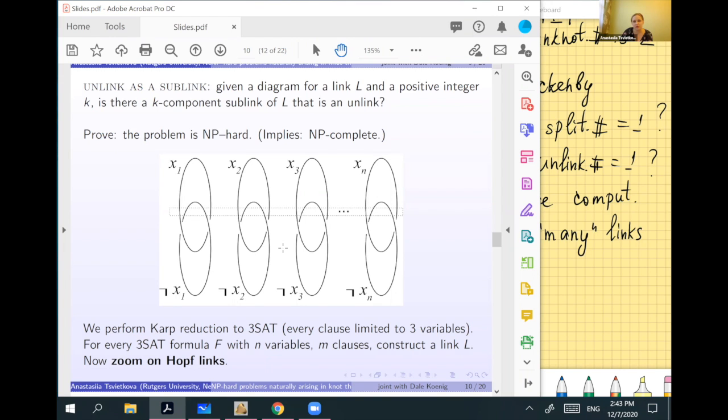Basically I just want k disjoint circles there. Can I erase a part of a link and get k disjoint circles up to isotopy? It actually doesn't look like such a hard problem, but it turns out it is NP-hard.